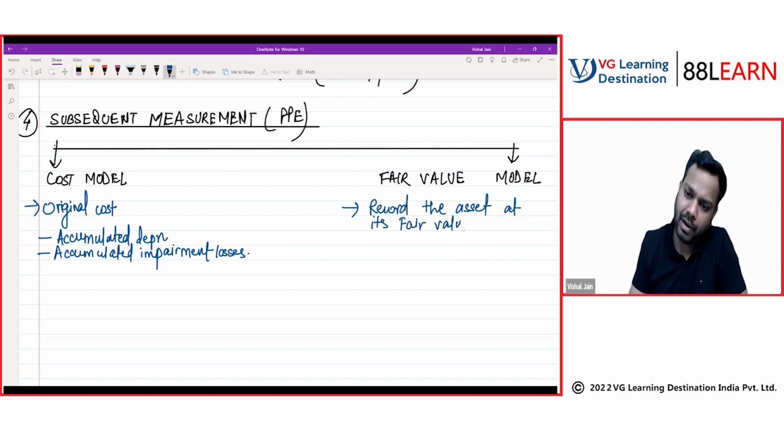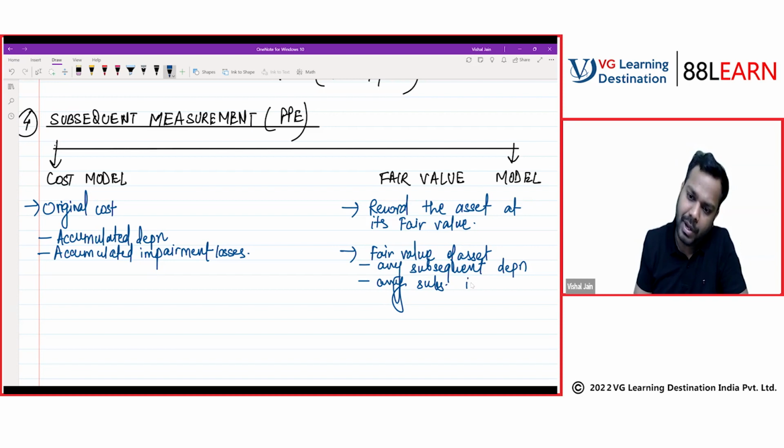The asset is recorded at the fair value of the asset, minus any subsequent depreciation, minus any subsequent impairment loss.